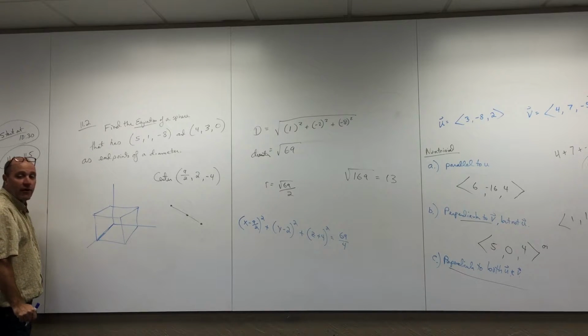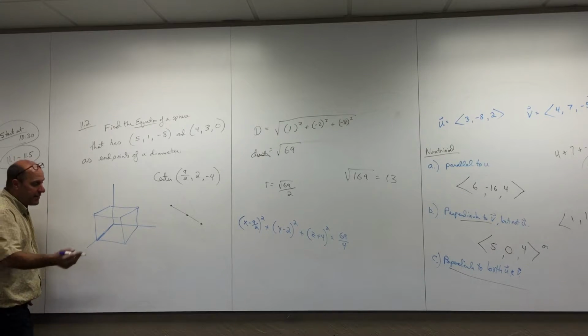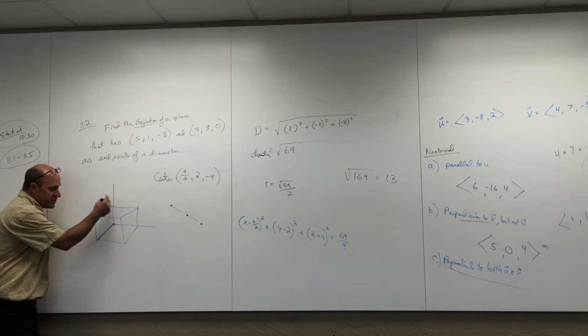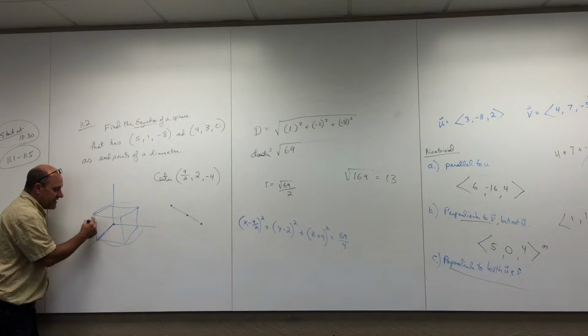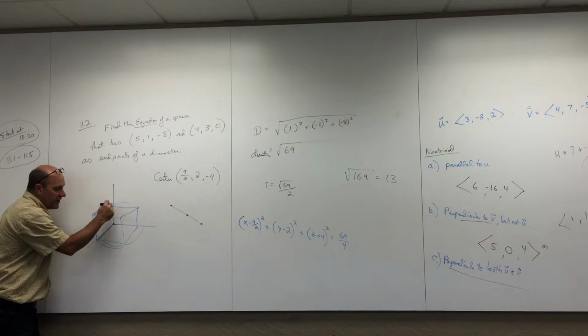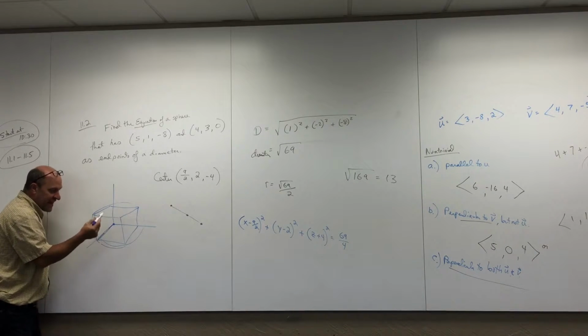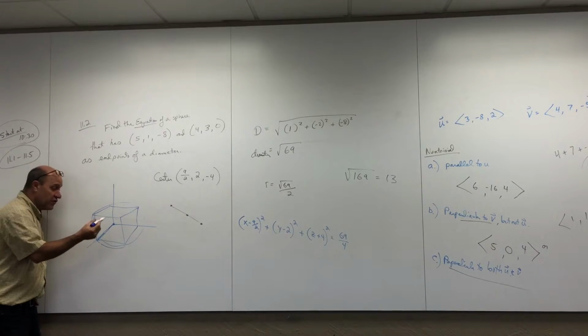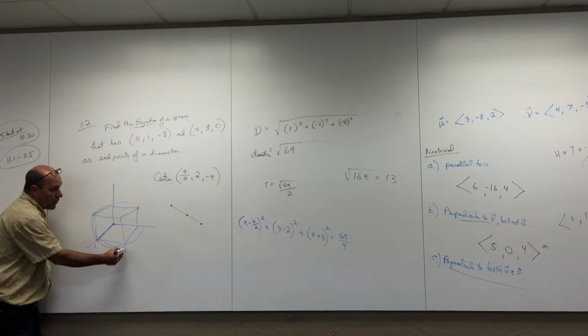That made me think about a sphere that circumscribes this. That means it barely touches these corners, but basically the center of the sphere will be the center of the cube. And what's the center of the cube if it goes out 1, over 1, and up 1?